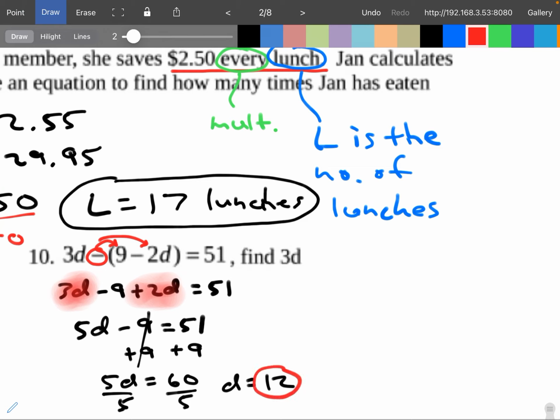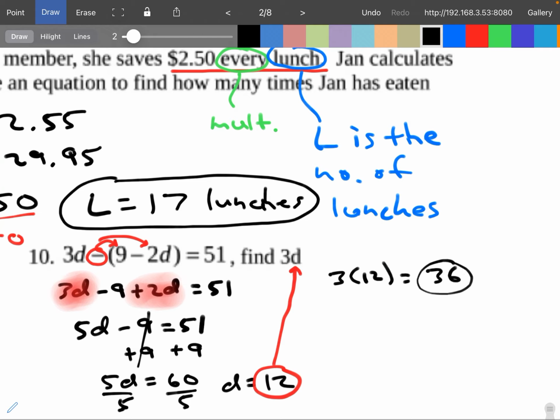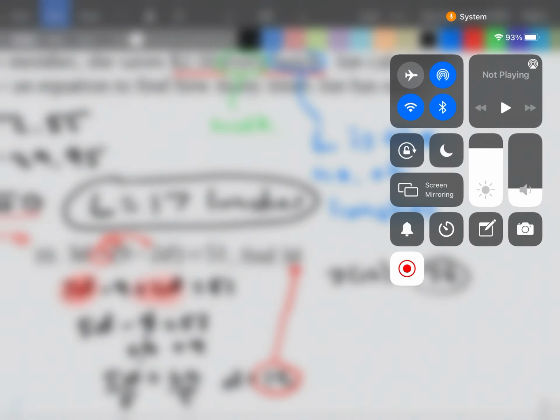So you take the value you got for D and plug it into that expression right there. So the final answer is 3 times 12, which is 36. Then you bubble your answer in. All right? And that's the whole thing. So let me stop this recording.